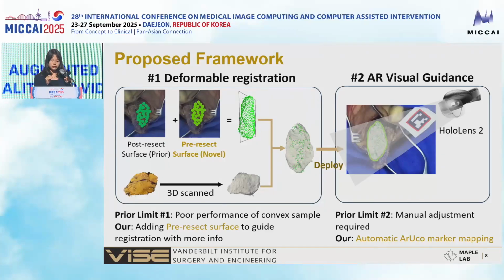For the deformable registration component, we add a pre-resect surface as an additional constraint to guide the deformation of the other side of the specimen. And for the AR guidance component, we use an automatically HoloLens-detectable auricle marker to achieve automatic mapping.